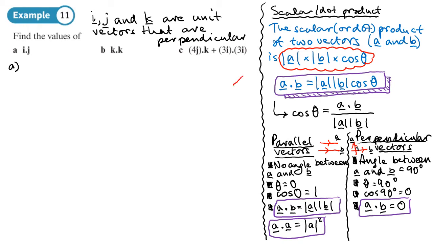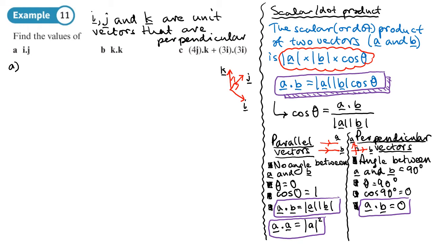So remember, this is in 3 dimensions. So we've got our unit vectors like this. Imagine this is 3-dimensional like this, and our unit vectors, I here, J here, and let's say K there. So you can see how they're perpendicular.